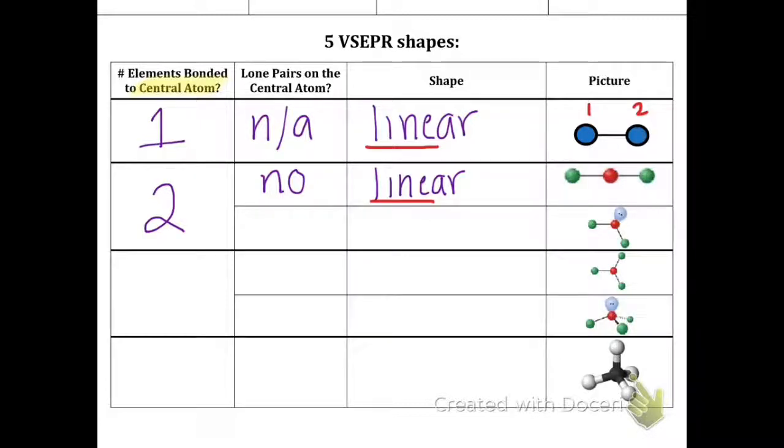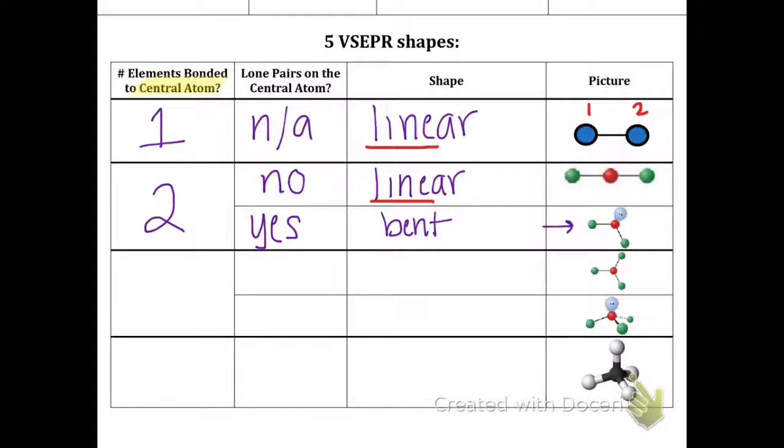So look at the picture next to it. Now, if the answer is yes, there are lone pairs on our central atom, then the shape becomes what we call bent. It literally has a bent shape. So if you look at the picture here, you will see that it bends down at a certain angle.